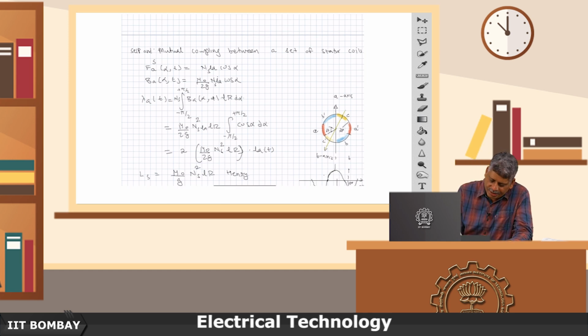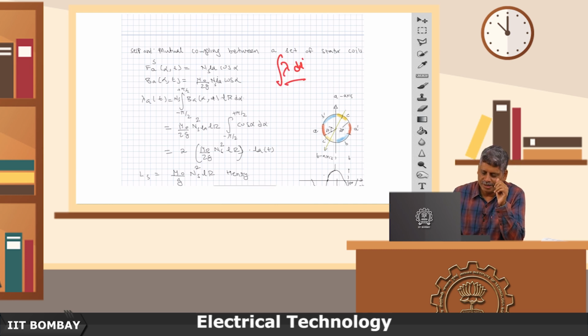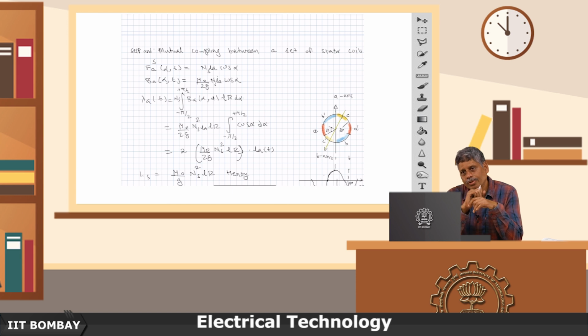So with this, the first thing that we will do is calculate the flux linkage with A phase, B phase, C phase, and the flux linkage with the rotor winding. Then once we have got the flux linkages, we will apply this principle to calculate the co-energy.